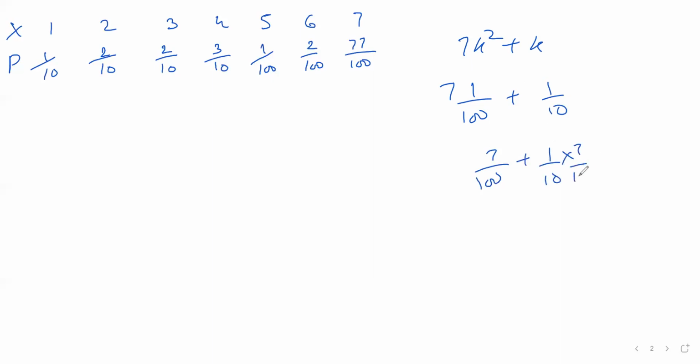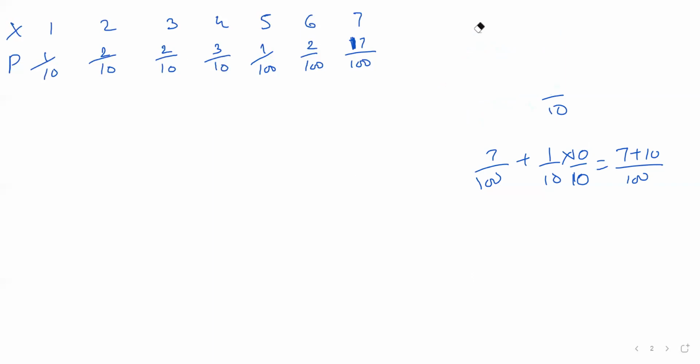I multiply 1 by 10 by 10, so this will be 7 plus 10 upon 100, that will be 17 by 100. So this will become 20 by 100, which is 2 by 10. 2 by 10 plus 8 by 10 is exactly 1.